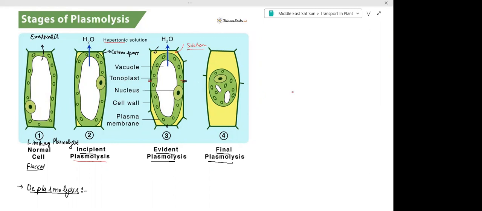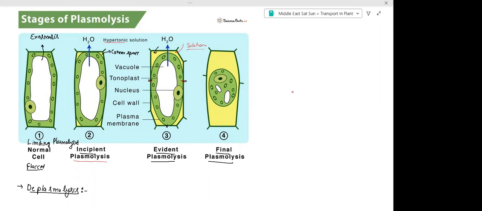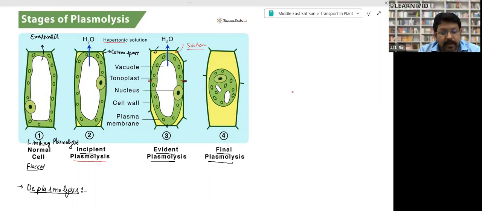Yes, sir, it is possible. Okay, very good. So when it is possible, is there any time limit? When we reduce the concentration of the surrounding, yes, that is also possible. Suppose a cell got plasmolyzed and it is kept for some time. Is it possible to make it alive again?